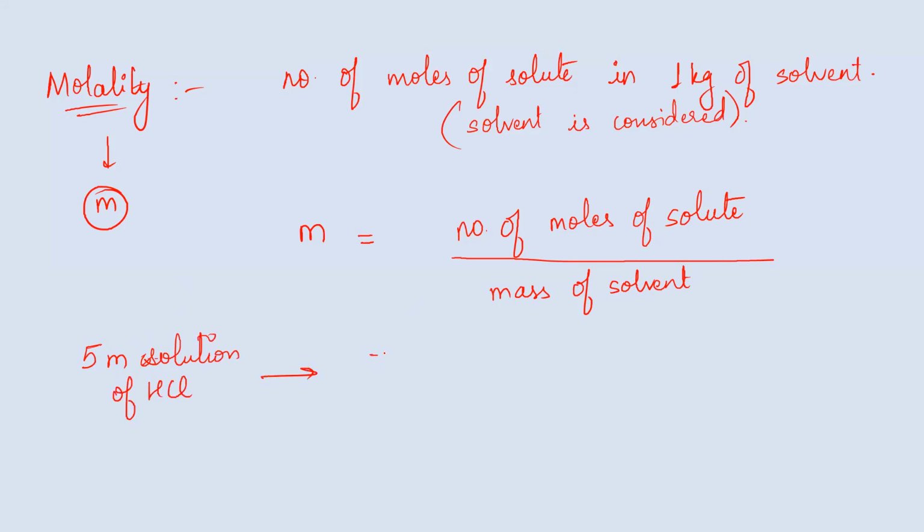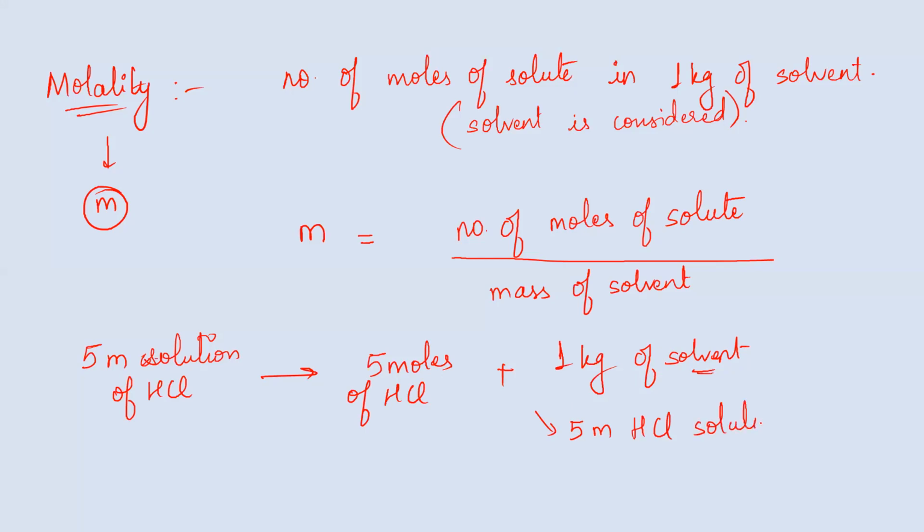I will take 5 moles of HCl plus 1 kg of the solvent. That solvent can be water, depending on what system you are working with. If you are working with aqueous HCl solution, then you will use water there. So 1 kg of solvent will give you a 5 molal HCl solution. If you're making a 10 molal HCl solution, it is 10 moles plus 1 kg of solvent.